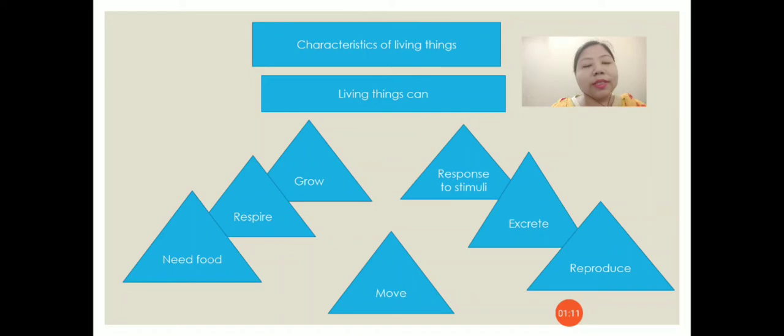So, this process is called excretion, and excretion is one characteristic of living things. Living things reproduce young ones or lay eggs in order to maintain the population of a particular species or particular animal and plant. So, these are some of the characteristics of living things.